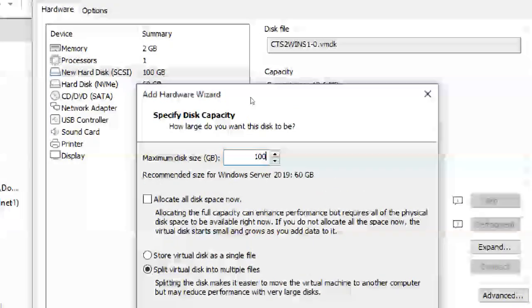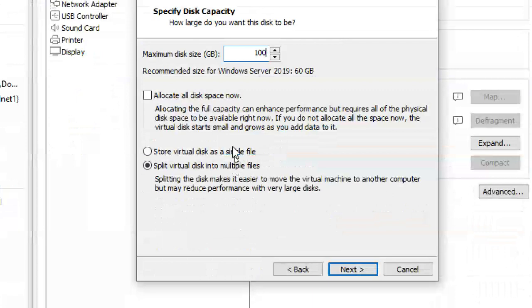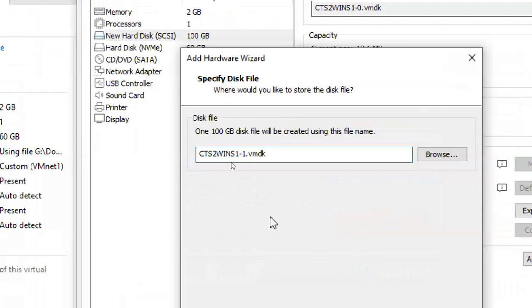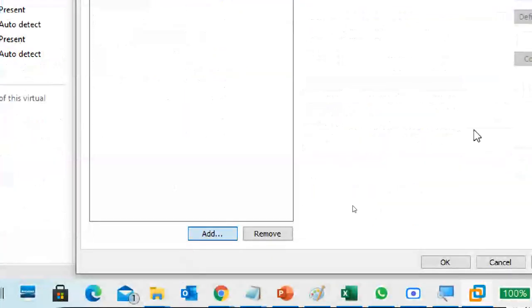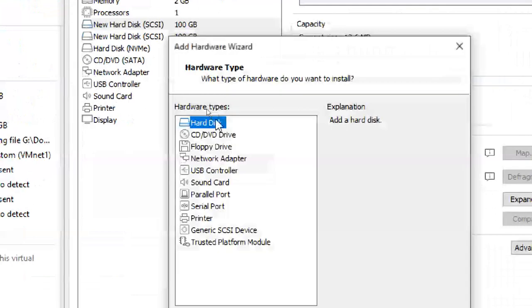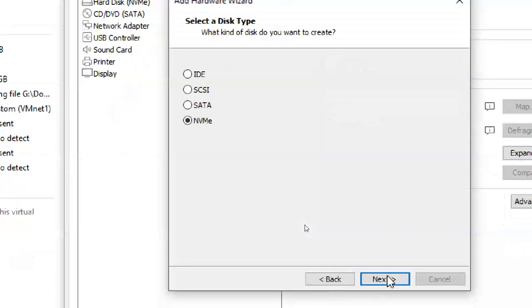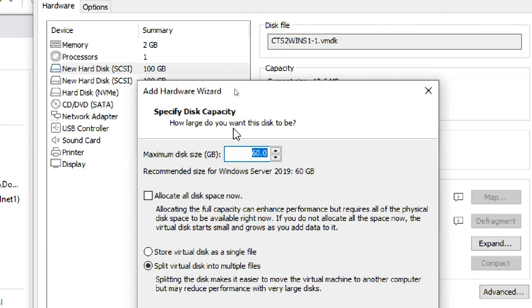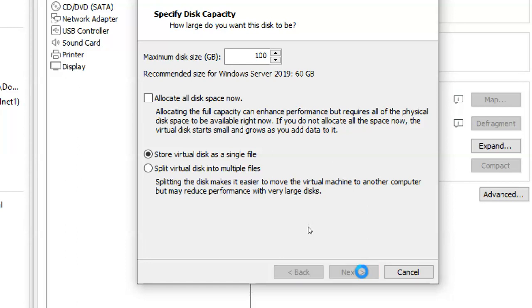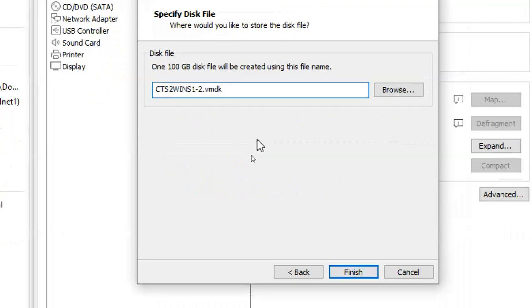Next, put 100 GB and single file. Next. So I inserted two disks here. Again, hard disk. Next, SCSI. Next, put 100, single file. Next, finish.